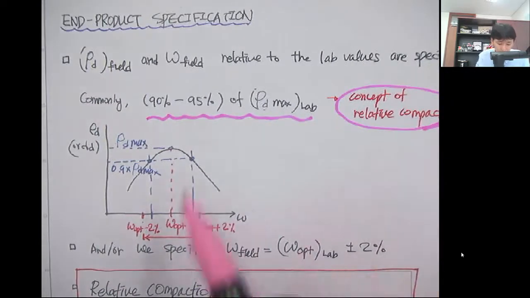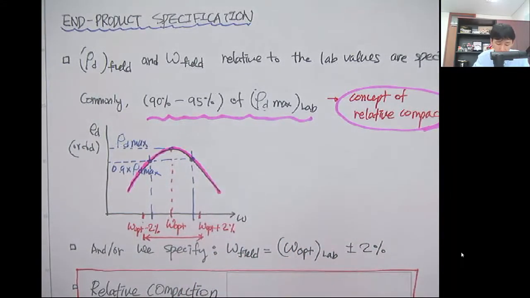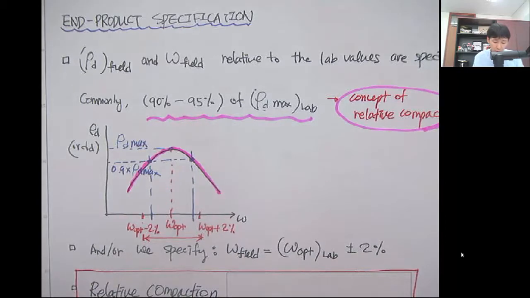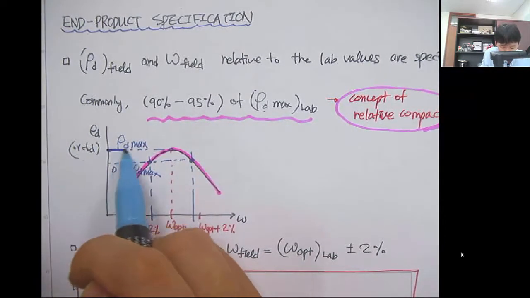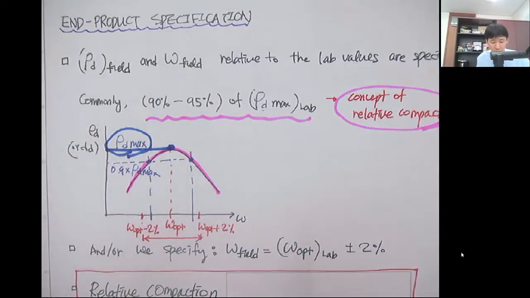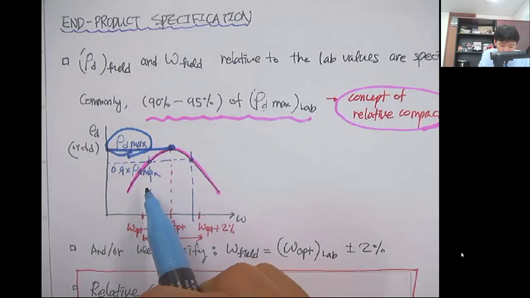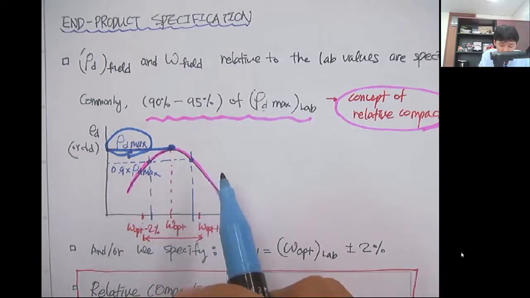The example is, let's say this is the curve that you get from the standard compaction test in the laboratory, so that you know the maximum dry density, and you specify the dry density range in the field to be achieved.